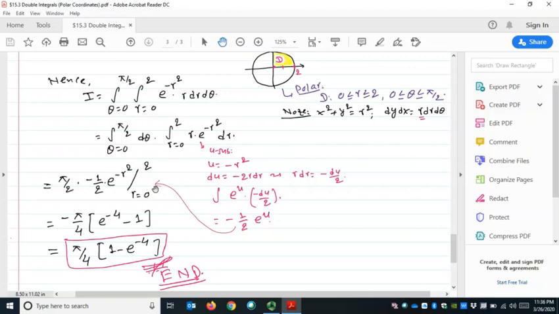Then put r equals the upper limit 2: minus half times pi over 2, multiplying these two constants, gives minus pi over 4, times e to the power negative 4. When you put in the lower limit we need to subtract the value, so minus, putting r equals 0, e to the power 0 is 1, so simply 1.